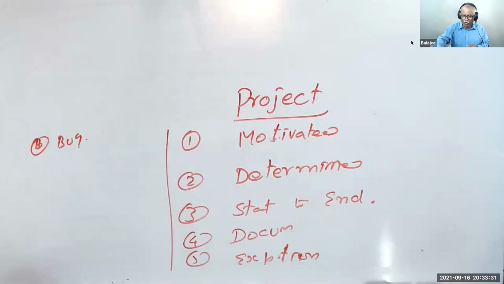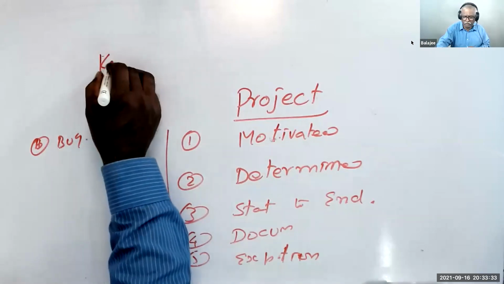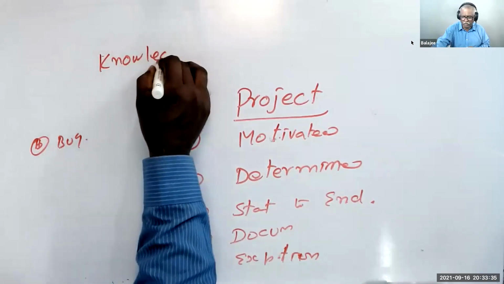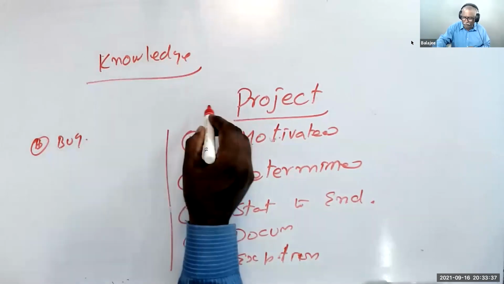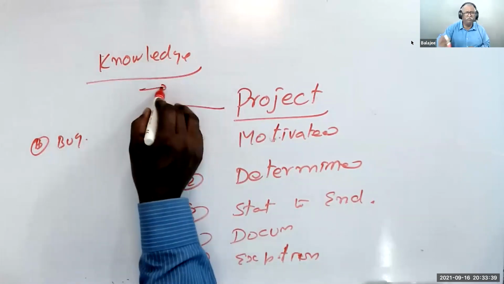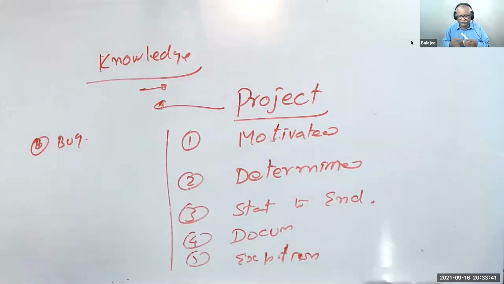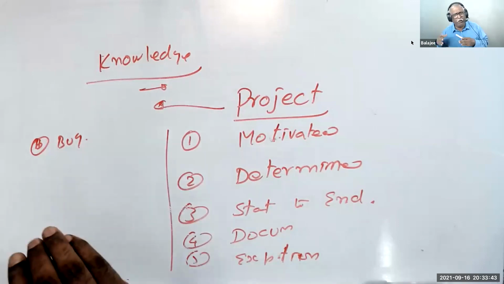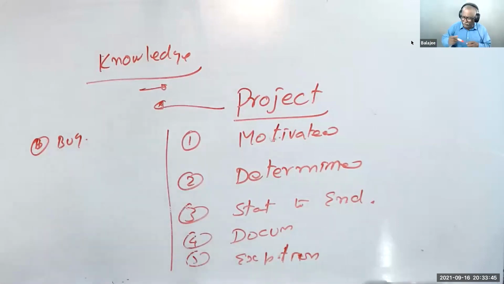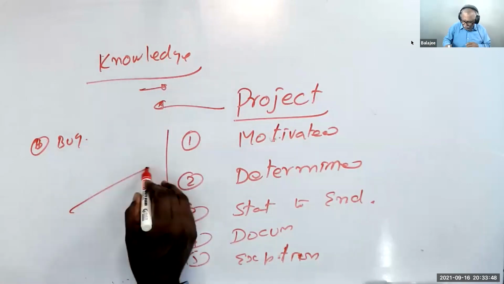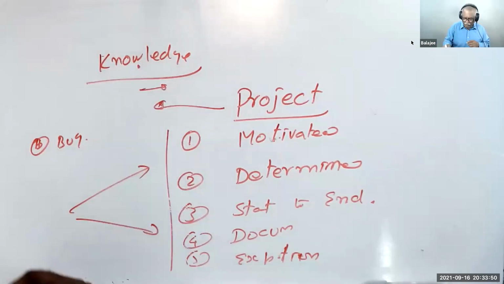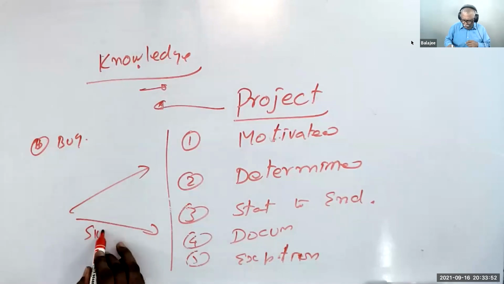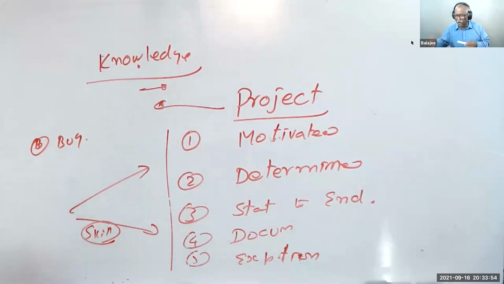If you don't have the proper knowledge, this will not help. You should have both. What we are discussing is the proper knowledge together with the project. You can do a project in two ways. Without knowledge, by skill, you take a lot of things from the net. You don't understand why you connect the wire or why you do that.